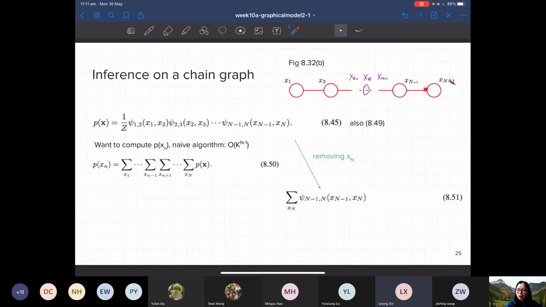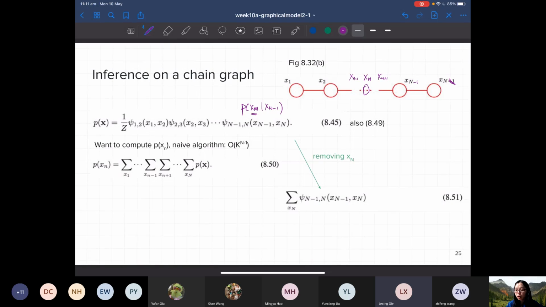We know that x big N is only in the last potential term, and this term is essentially the probability of x big N given x big N minus 1, and x big N is not anywhere else.